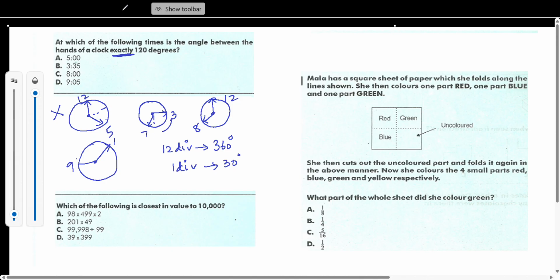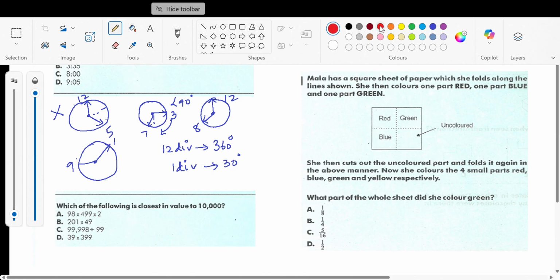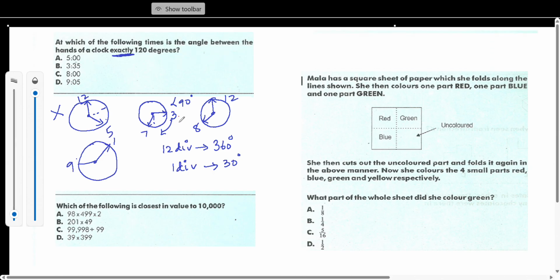But since this angle will be lesser than 90, because by the time it's 3:35, typically your hand would not be exactly at 3, but instead somewhere here, which will reduce the angle from 120. So it's not exactly 120.